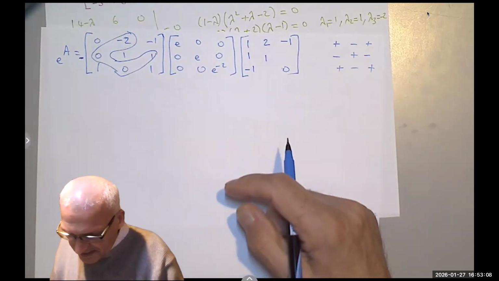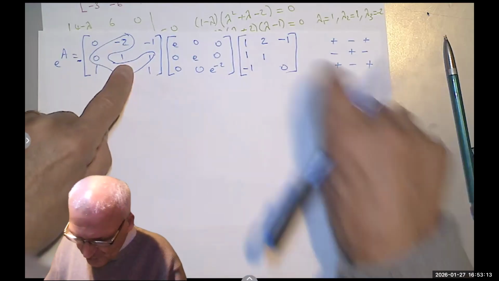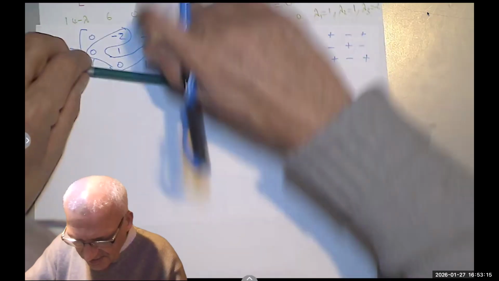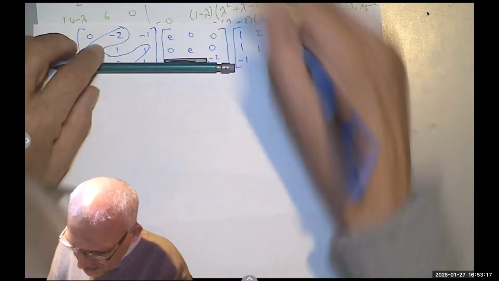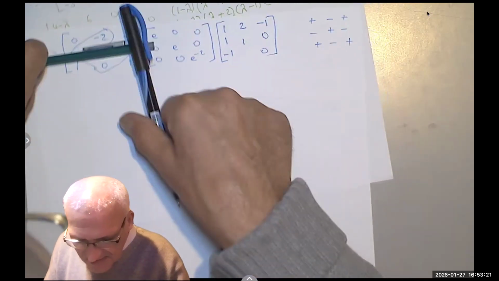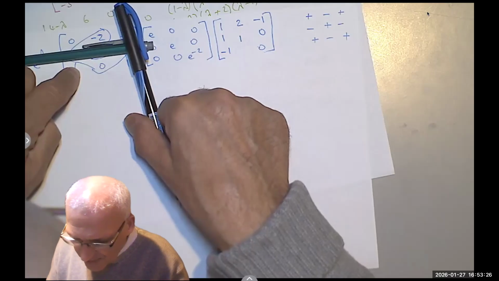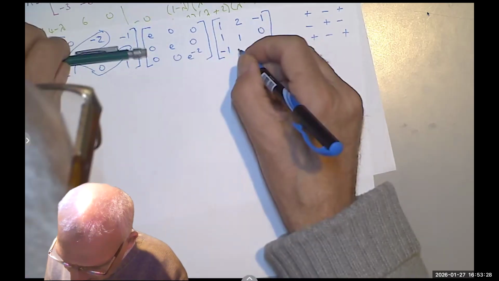And finally, I want the minor of this to write it there after changing its sign. So I get 0 minus 0, it didn't matter. And the minor of that is 0 plus 2, so it's +2. I'm going to write it -2 here.